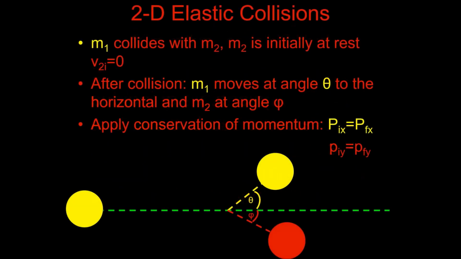So what do we mean by that? That means in this case, M1 here has come in and hit M2, the red ball, and they've bounced off one another. After the collision, M1 is moving at angle theta, M2 is moving at angle phi. That means theta plus phi is 90 degrees.